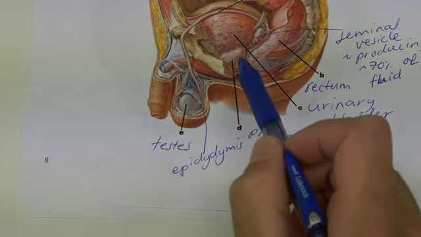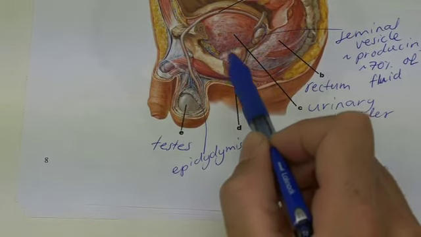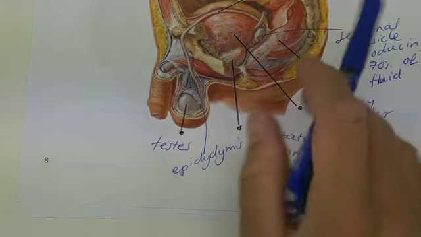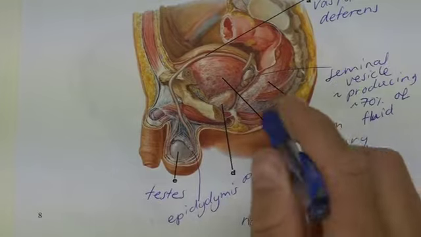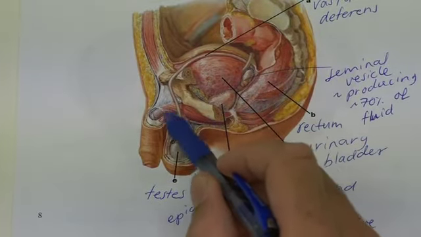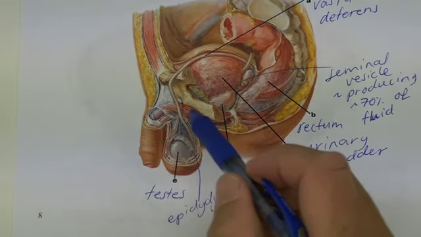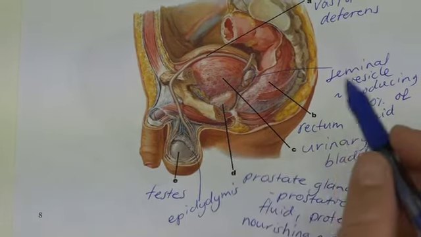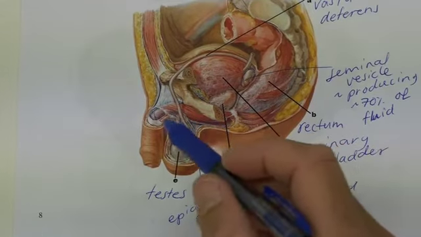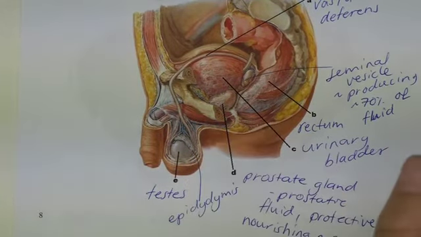The prostate gland will produce a slightly basic solution so that the sperm are not denatured by the acidic pathway through the urethra, as well as to protect them from any white blood cells that would be found in the vaginal canal when deposited.